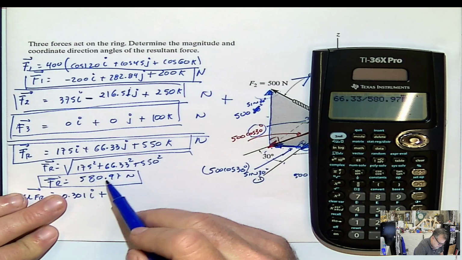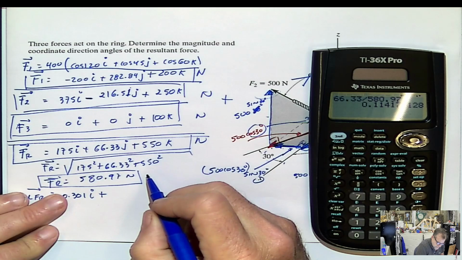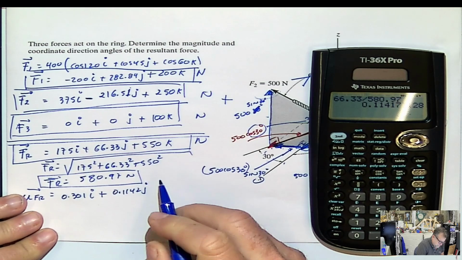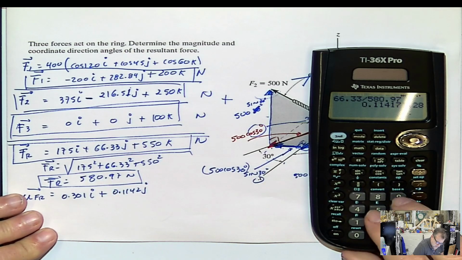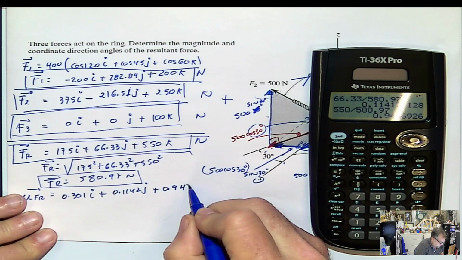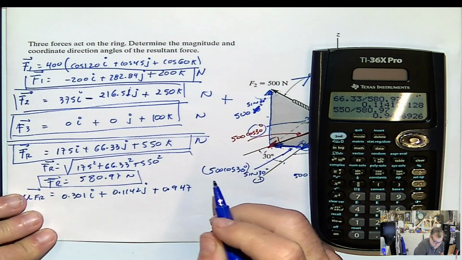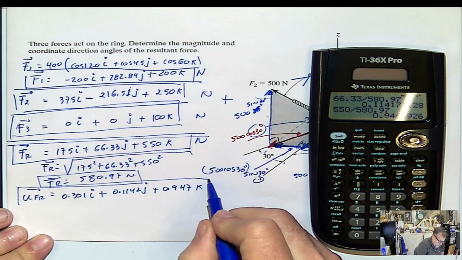This component divided by the magnitude will be 0.1142 J, and then the 550 K component divided by 580.97. That's 0.9467, that could also be 0.947 K, and that's the unit vector.